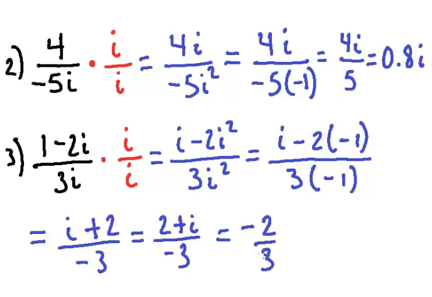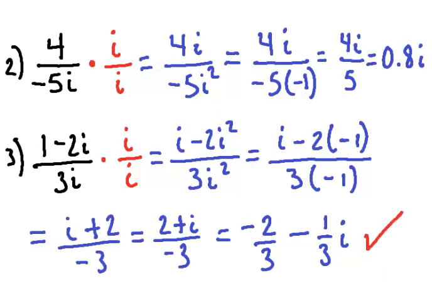We leave it as a fraction. And then there's an invisible 1 with the i, so it's 1 divided by -3. Positive and negative are going to give us a minus. And 1 divided by 3 is just 1/3. We copy the i, and that will be the answer for our exercise.